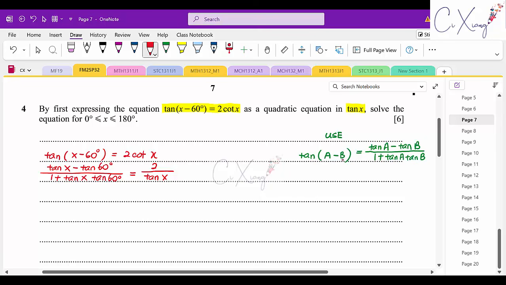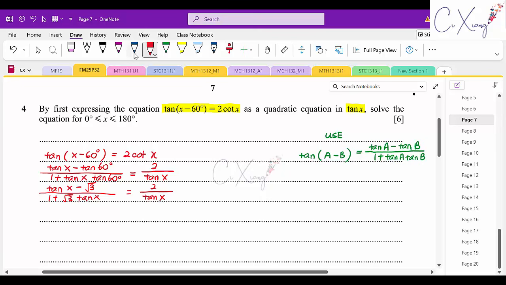But before continuing, I need to know the value of tangent 60. You can press the calculator for the value of tangent 60. You should get the answer, which is square root 3. Then divided by 1 plus square root 3 tangent x equals 2 over tangent x.